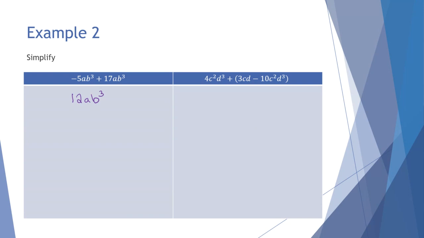Now the second one here, we have 4c squared d cubed plus 3cd minus 10c squared d cubed. So we have parentheses here. This is just indicating that we are taking a monomial and adding a binomial to it.